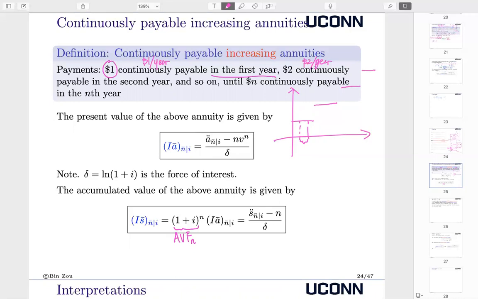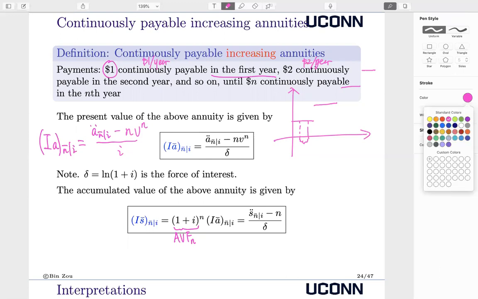This is not surprising at all, right? So if you recall, what is the standard increasing annuity immediate for n years at interest rate i? This is annuity due minus n times v to the n, divided by i. Okay?